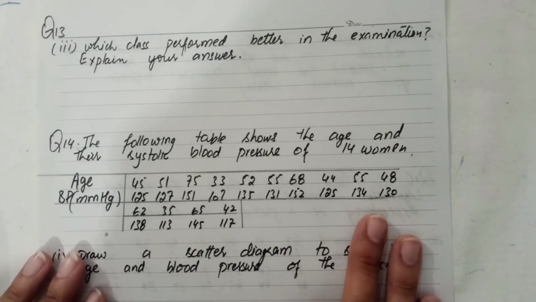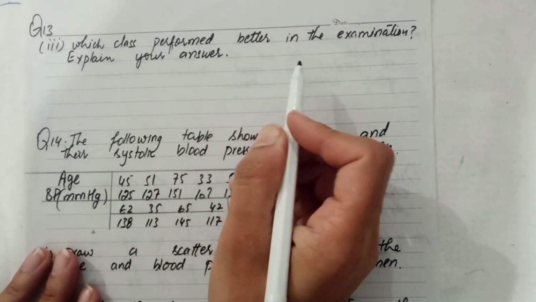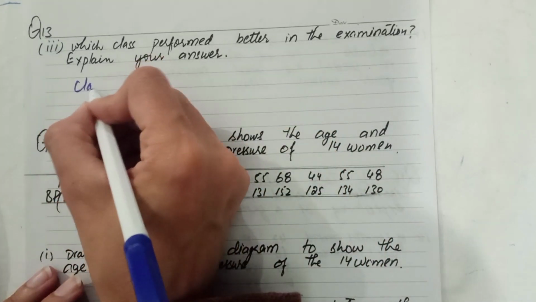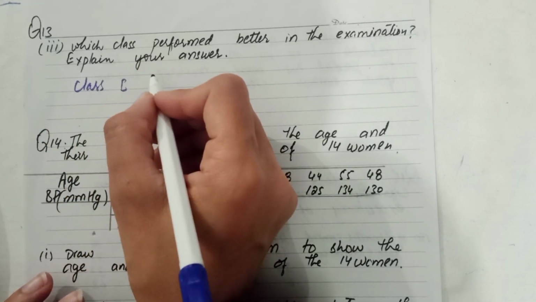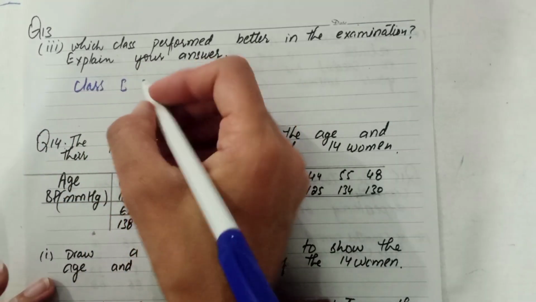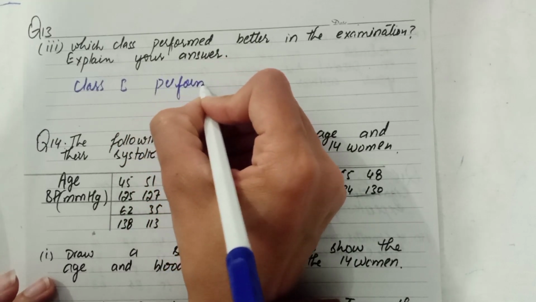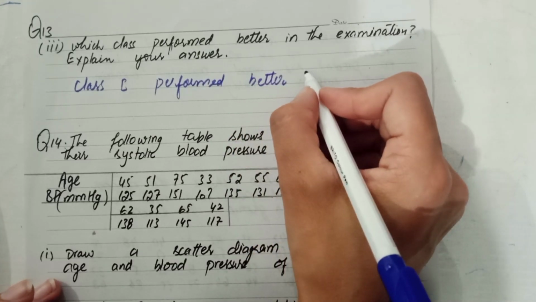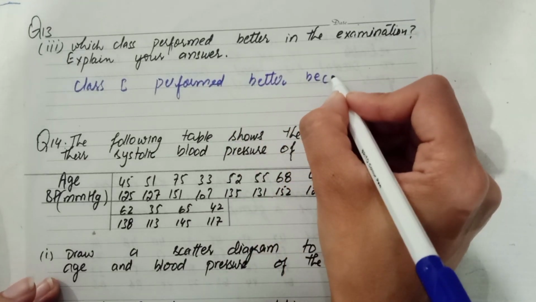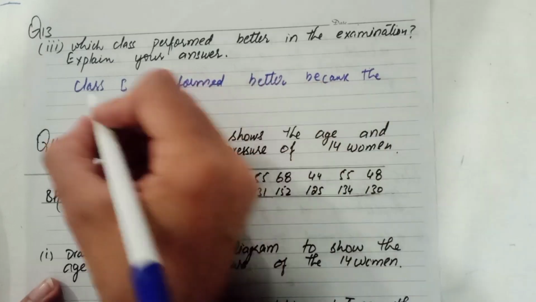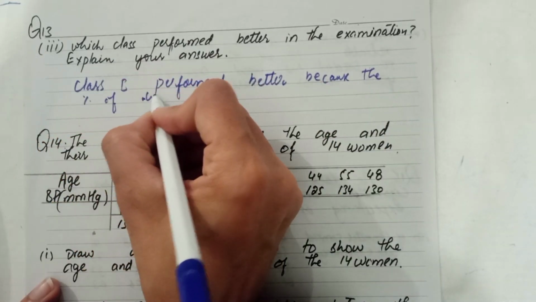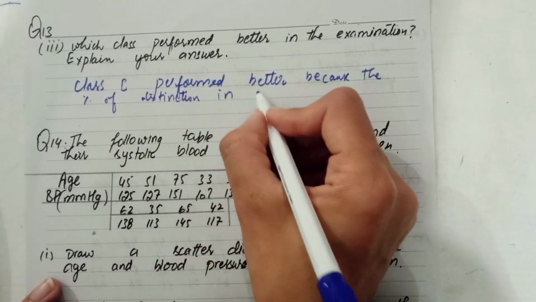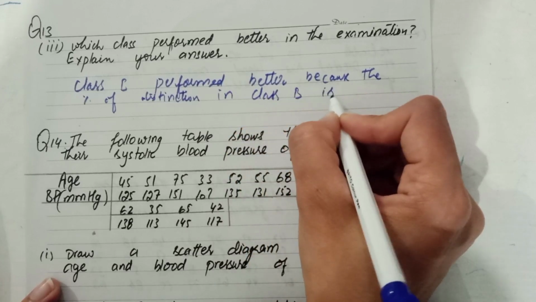In part number 3, which class performed better in the examination? Explain your answer. Of course, class B, whose percentage is better, 60%, performed better because the percentage of distinction in class B is better.